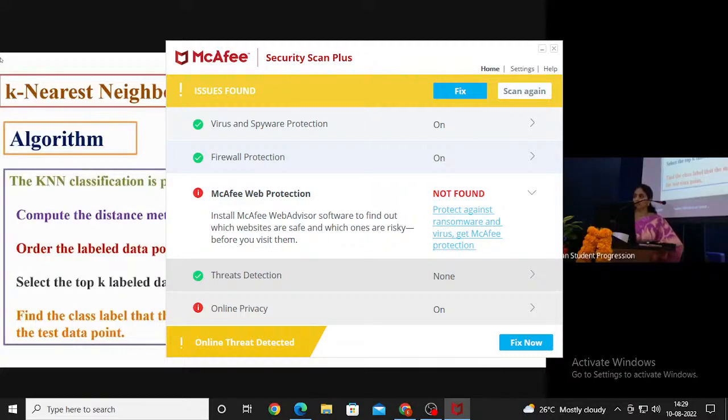After finding the nearest neighbors, I look at the class labels of all these neighbors I have chosen. Based on majority voting among the k nearest neighbors, whichever label has the highest vote, that particular test data will be classified into that class label.